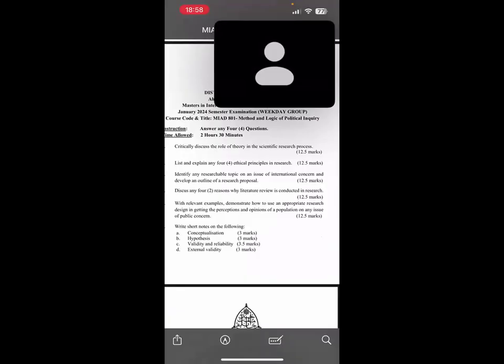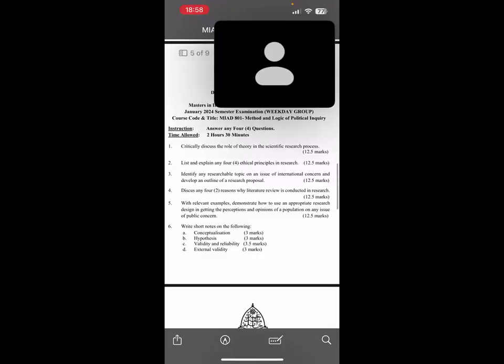Research design. Any topics on research design here? I think number 5. Yes, number 5. Can anyone read number 5? Demonstrate how to use an appropriate research design in getting the perceptions and opinions of the population on any issues of public concern.